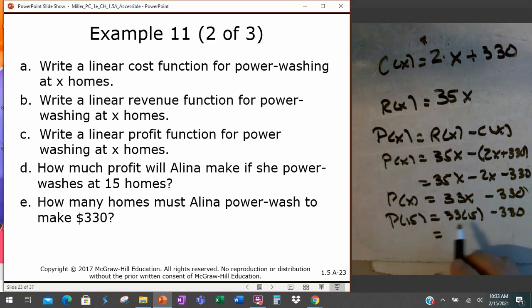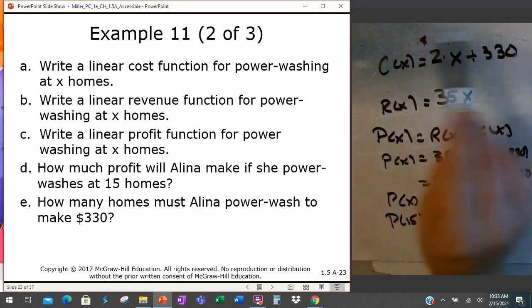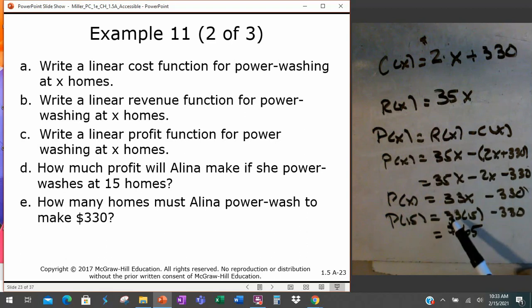So this is a positive number, $165. That means she has overcome this, and now she's made $165. So she's overcome her startup costs. Now, this is like a one-time thing.